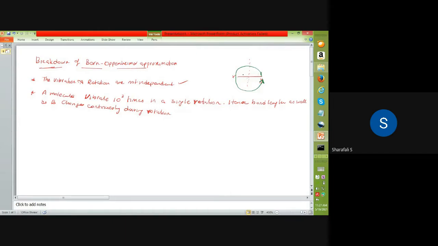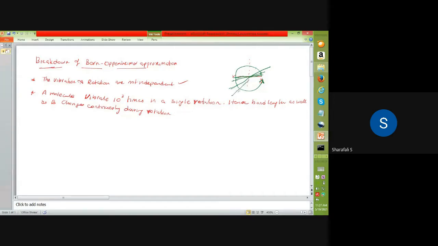In this rotation, in the very next moment, the bond length will increase a little bit because of, for example, a stretching vibration. And in the next moment also, the bond length may increase a little bit, and so on.